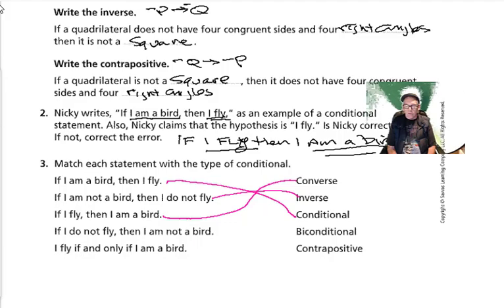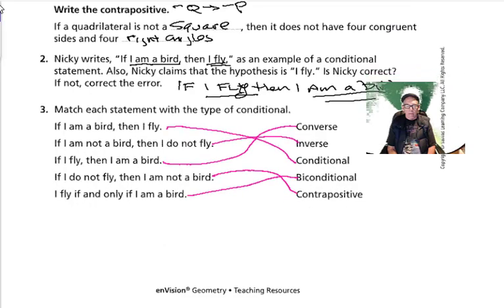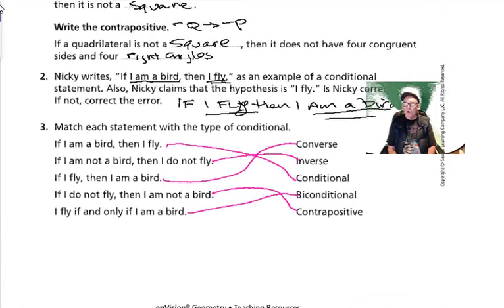So from the original conditional, fly is now up front, and bird is at the end, and not has been added, so that makes that a contrapositive, because the order is switched and they're both nots. And I fly if and only if I'm a bird. That's the biconditional, because this one works both ways. And that's all for those.